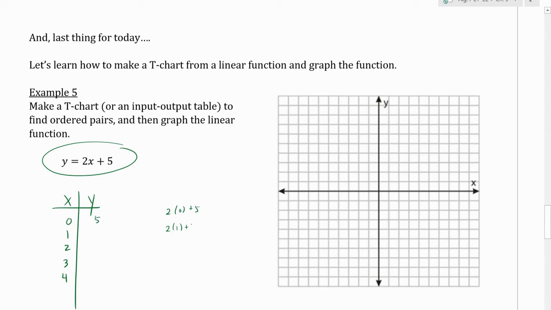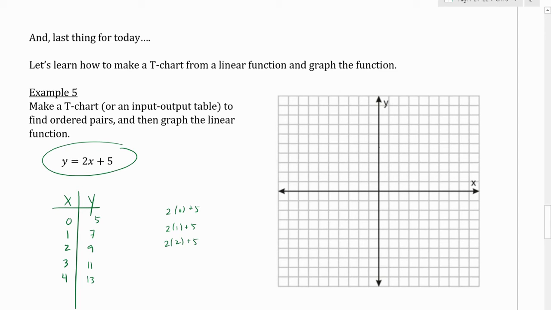If I plug in a 1 for x, that'll give me 2 plus 5. If I plug in a 2 for x, 4 plus 5. See what's happening? They're always going up by 2. So if I plug a 3 in, I'll get an 11. If I plug a 4 in, I'll get a 13. And these are all points on the graph.